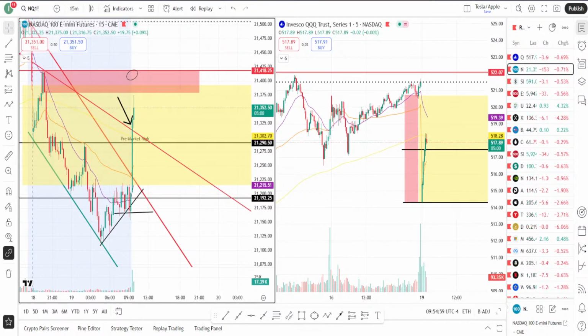See a little bit more selling here. Buyers are a little bit out of gas.